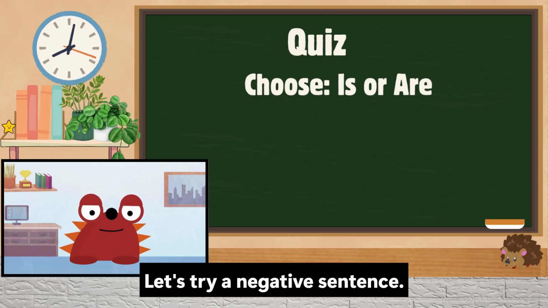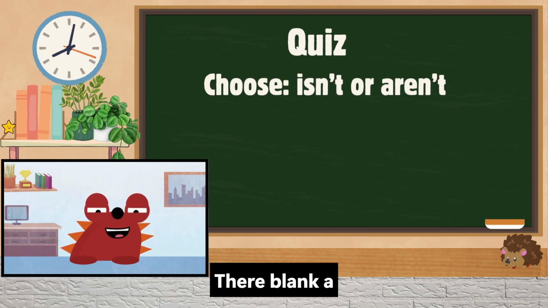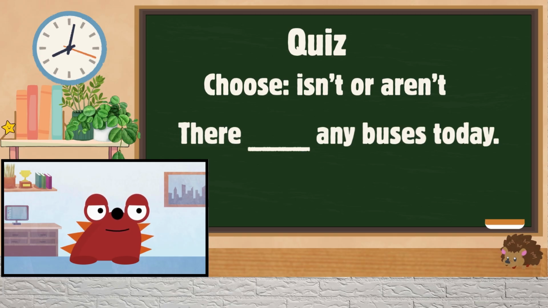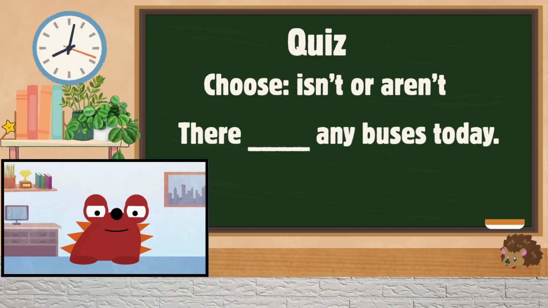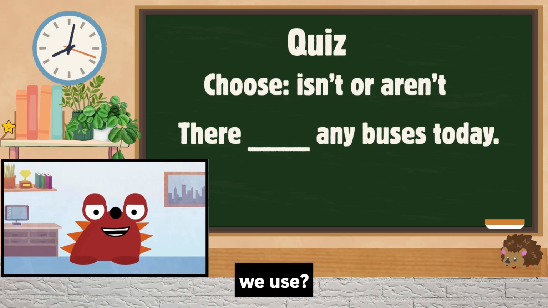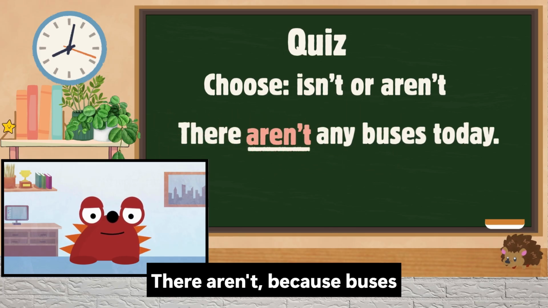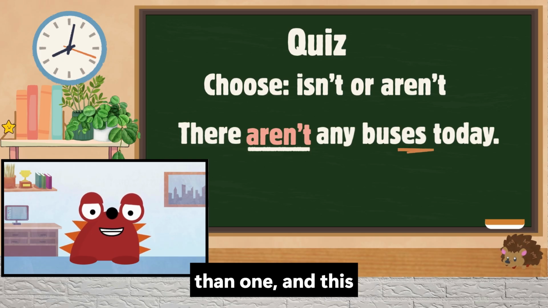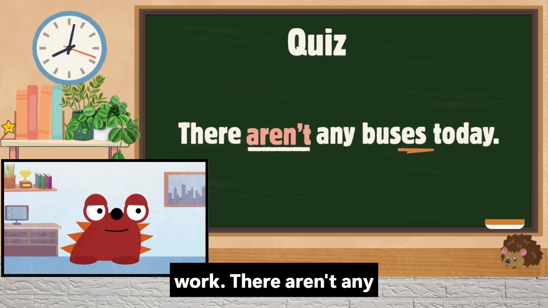Let's try a negative sentence. There blank any buses today. No buses today. What do we use? There aren't, because buses is plural. There's more than one. And this is negative. So great work.